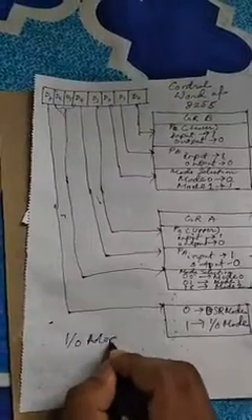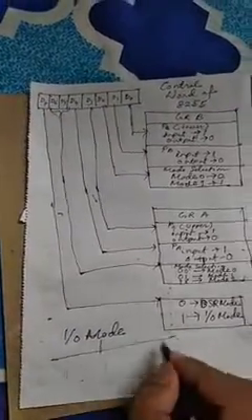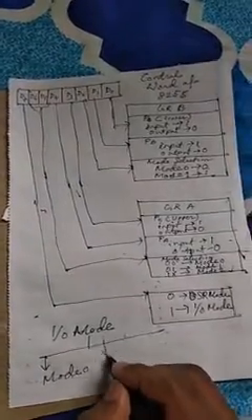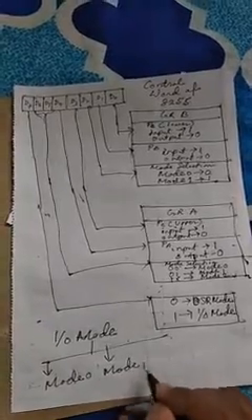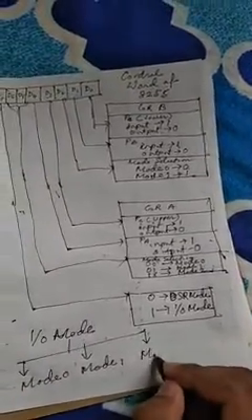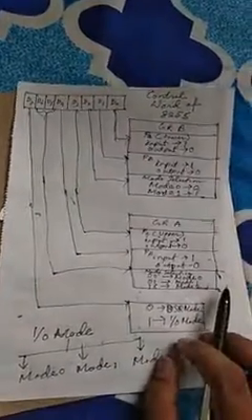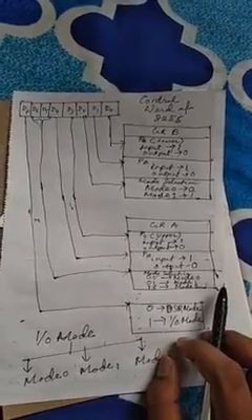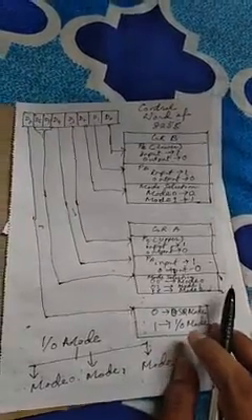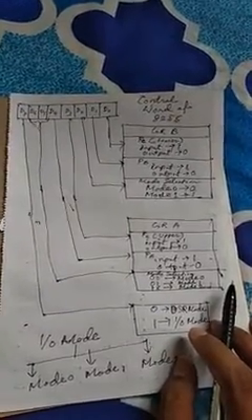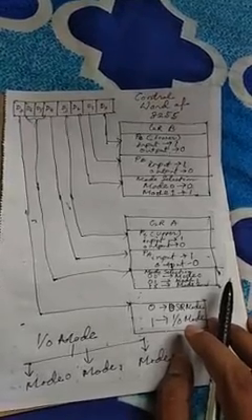Now this IO mode can again be classified into 3 categories, that is mode 0, mode 1 and mode 2. Now this is the control word pattern by which we can select the input and output of the ports, as well as different modes, BSR and input output modes of the different ports.